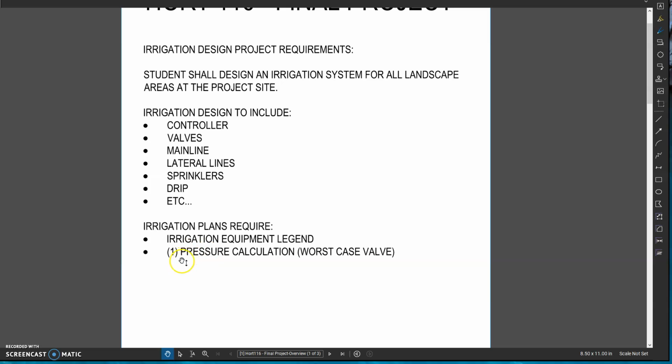And then a single worst case pressure calculation for your system to verify that your system will operate correctly. If you don't remember how to do that, I would also heavily stress that you go back and look at the pressure calculation lecture.